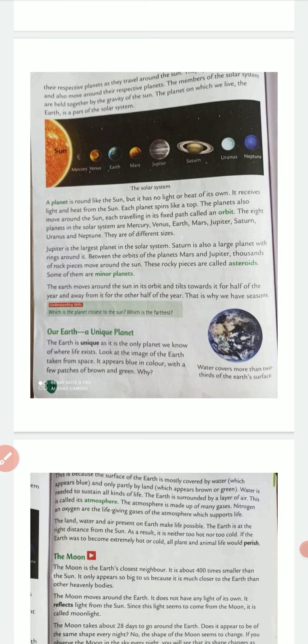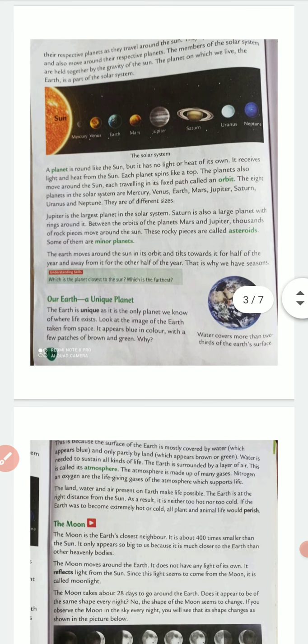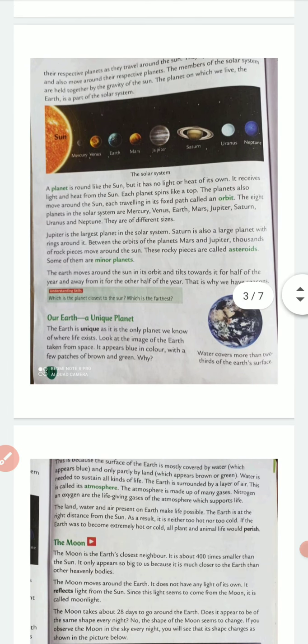Look at the image of the Earth taken from space. It appears blue in color with a few patches of brown and green. The blue is because water covers more than 2/3 of the Earth's surface. Green is because of the greenery, plants, and brown because of the land.